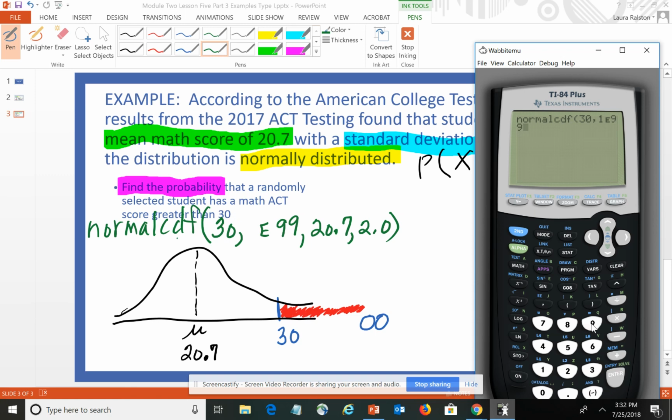Again, that's a positive 1 followed by 99 zeros. It's as big a number as we can enter. Comma, the mean of 20.7, comma, standard deviation of 2, close the parentheses, and enter.